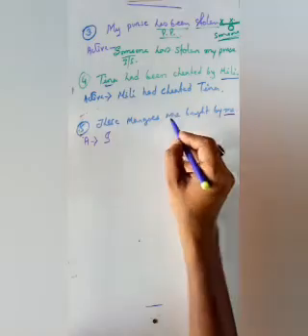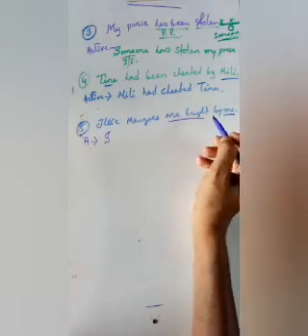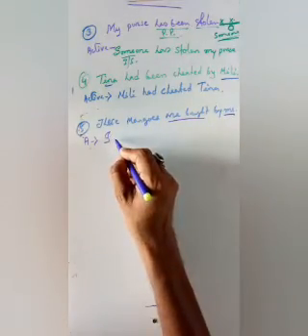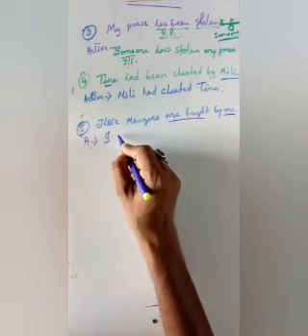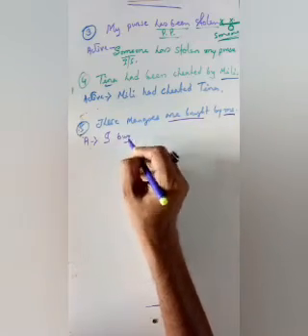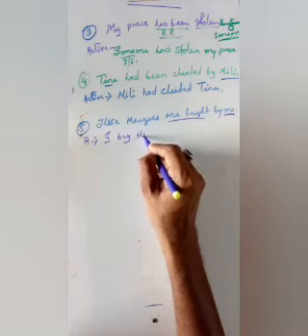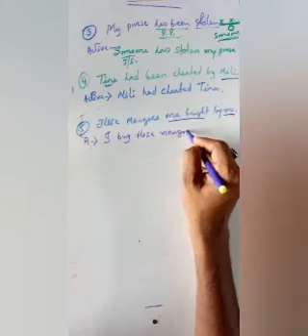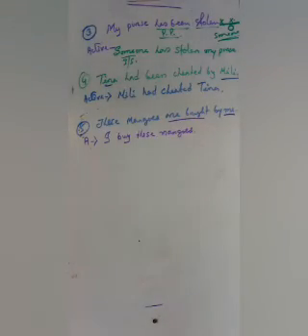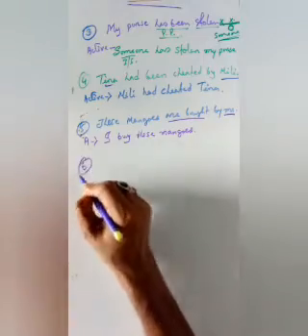I. Are bought means it is in present indefinite tense, so no need to use auxiliary here. I buy these mangoes. Okay, so another one.